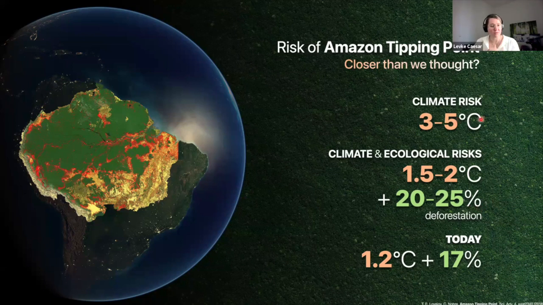So much sooner than the previously mentioned 3 to 5 degrees Celsius of warming. And comparing that to the current situation, we are already at 1.2 degrees warming when we talk about the long-term warming. I know the last 1.5 years were even above 1.5 degrees. And 17, I think this number is fairly old. It's closer to 20% of deforestation.